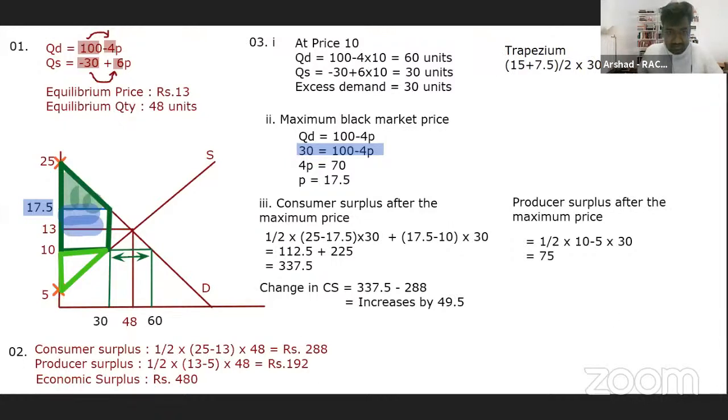Okay, so this 288, you all were the ones who gave me the number, guys. I did not give this number. To make things very clear, consumer surplus after is what I explained. First of all, I'm teaching this to someone who knows what they're doing. I'm not teaching this to someone learning this entire thing for the very first time.